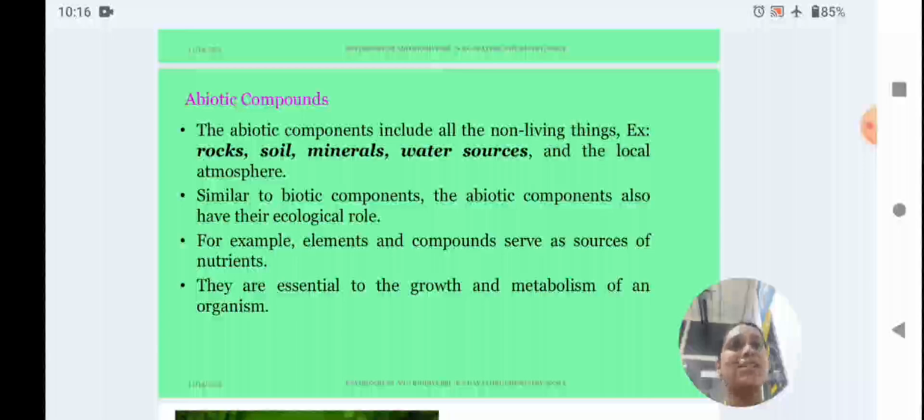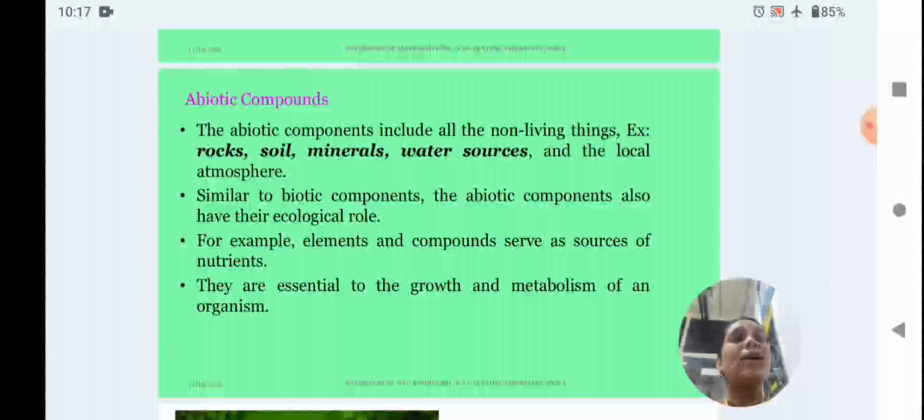So both are essential. For example, the elements and compounds both serve as a source of nutrients. Biotic components are called living, but abiotic components are called non-living. Plants, animals, and microbes are the biotic components.